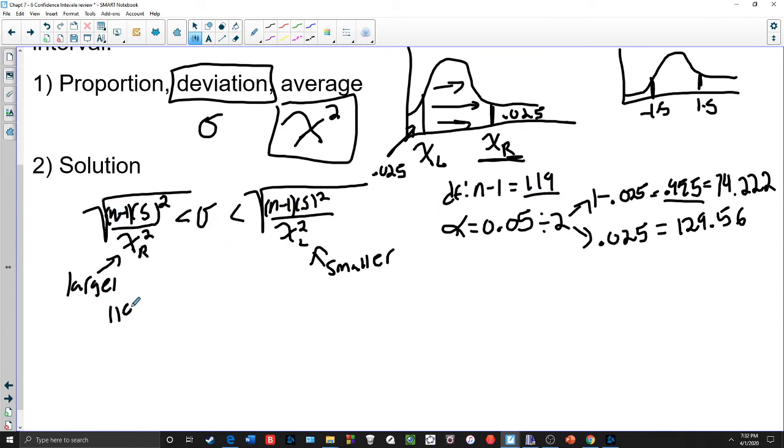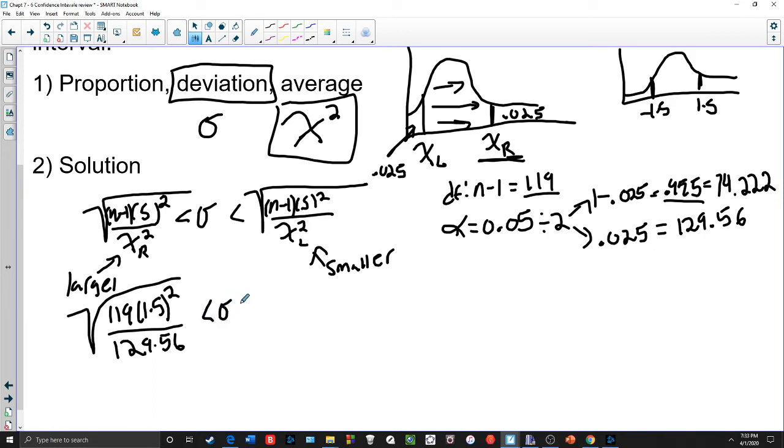So 119 times 1.5 squared over, this is where I messed up on the last video. Right here, the larger chi-squared would be 129.56. I would not square this number. Chi-squared is the variable, it's not an operation. So I would leave it like that.